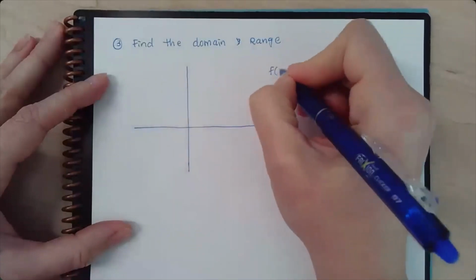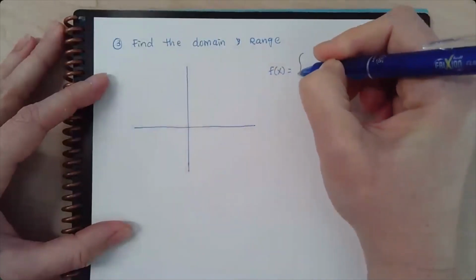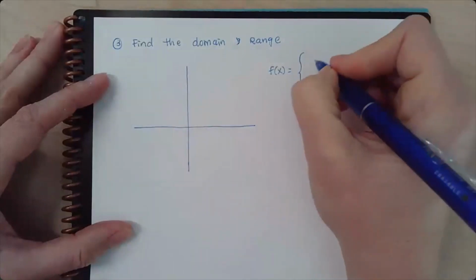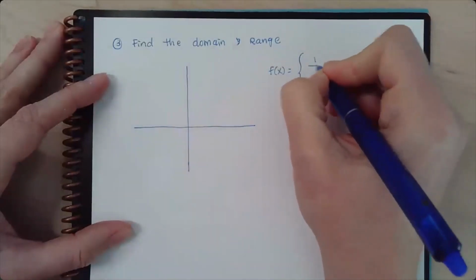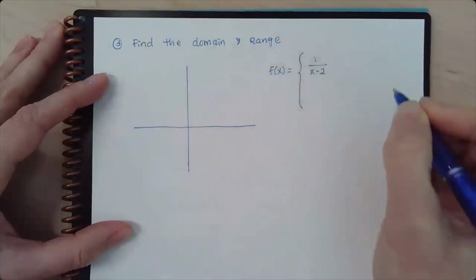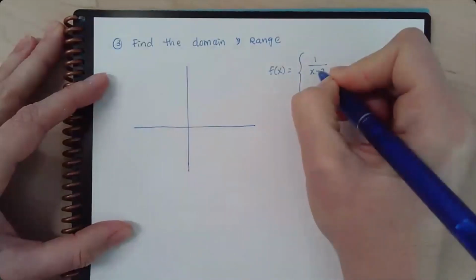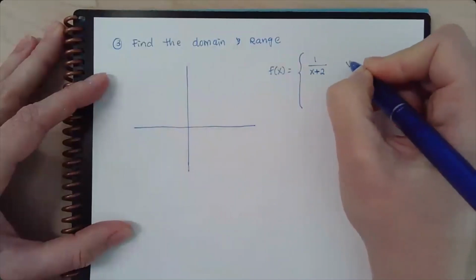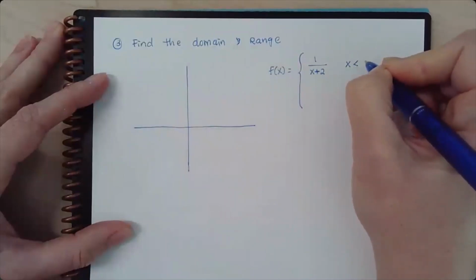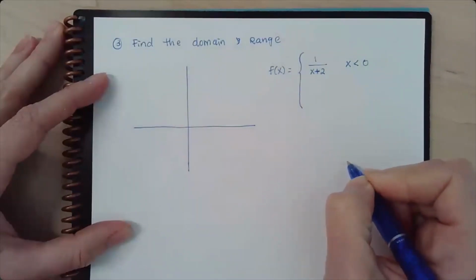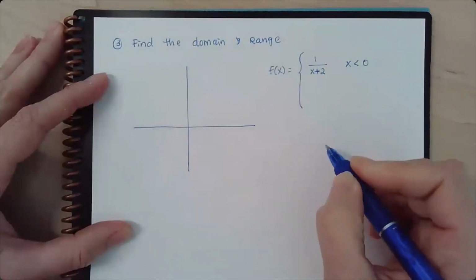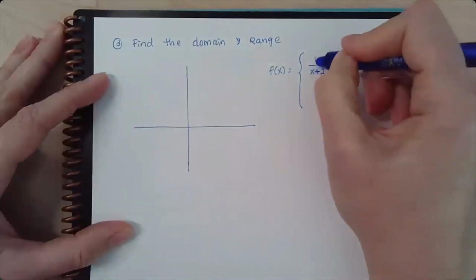Sure. So my function is going to look like, I'm not going to get super crazy, but let me just go... 1 over x minus 2. Nope, x plus 2 for x less than 0. That's not going to do what I wanted.